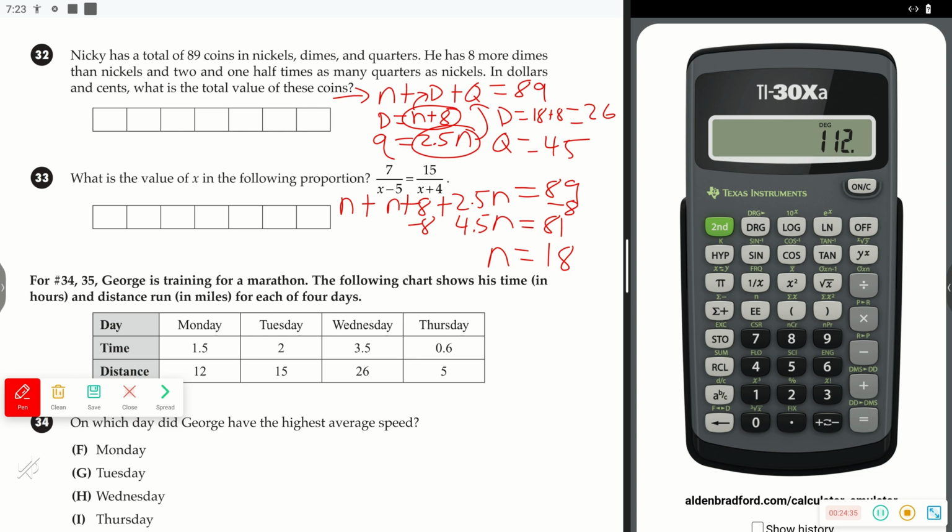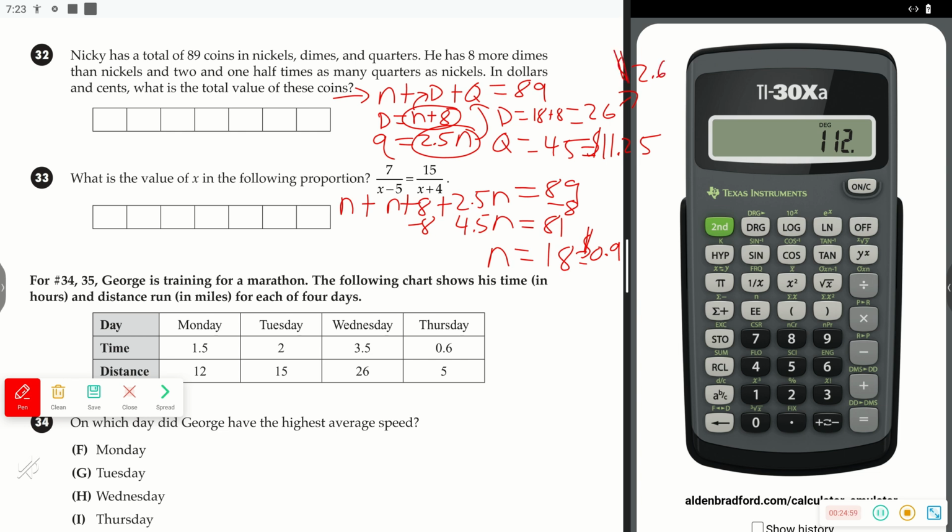So then we have to determine what is the value of all of these. 18 nickels is going to be $0.90. 45 quarters is going to equal $11.25. And 26 dimes is going to be $2.60.